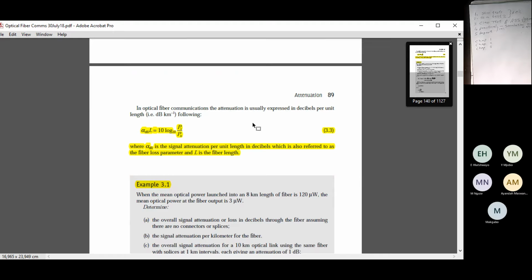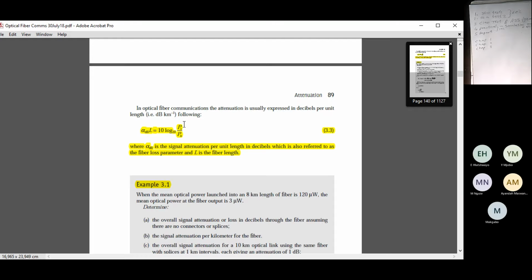So this formula is also important, 3.3. This is a per kilometer value. So if we have dBs per kilometer, in that case, I want the values in dB per kilometer. I will take my ratio of the fiber input over the fiber output. It can be the power of the laser input towards the power output of the photodiode at the output of the fiber.